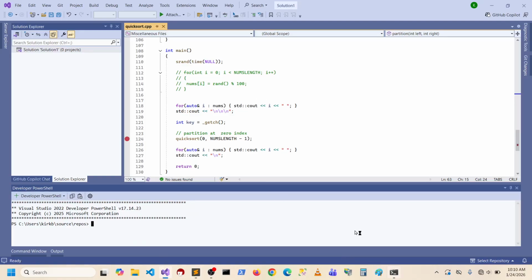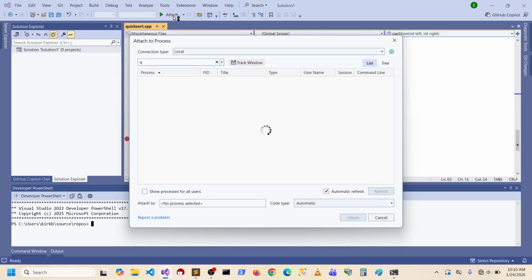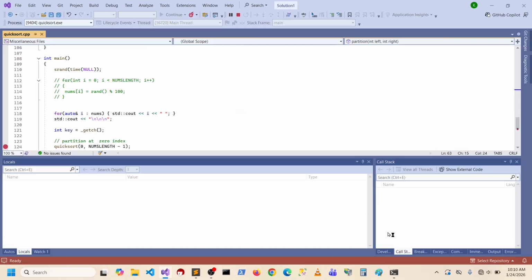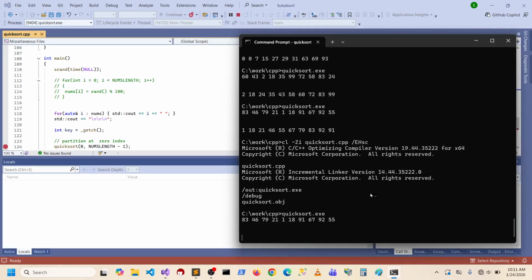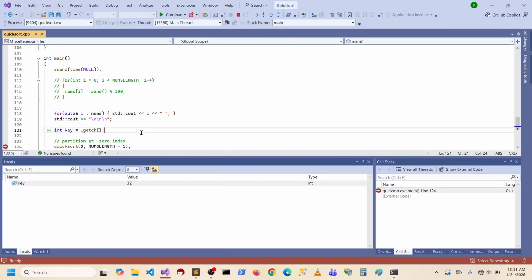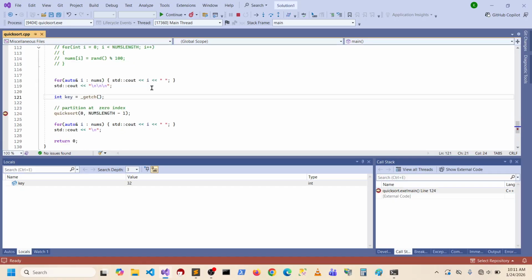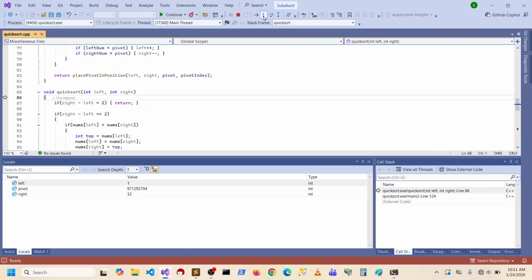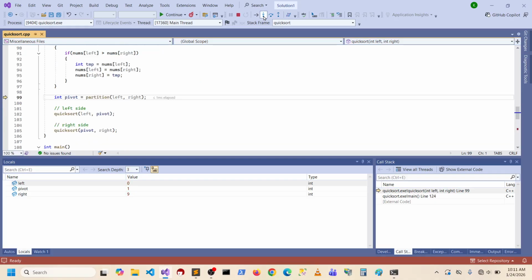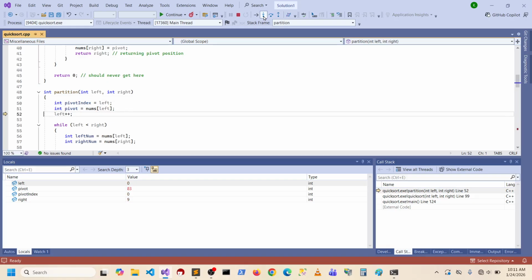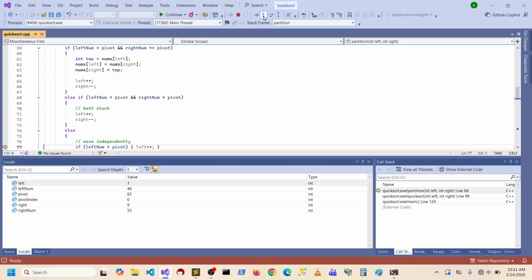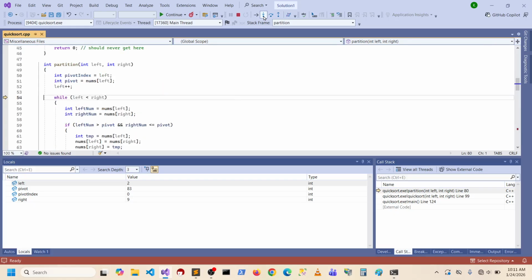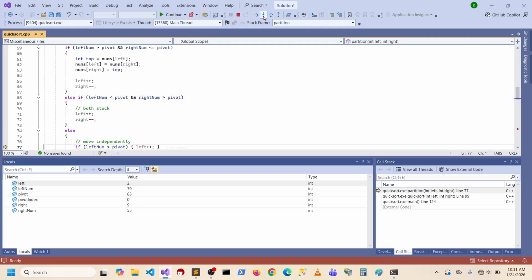All right, let's go back here. Left is advancing.